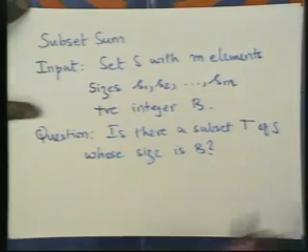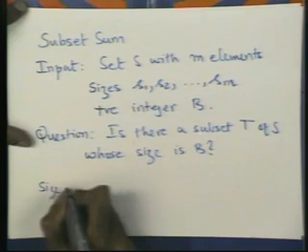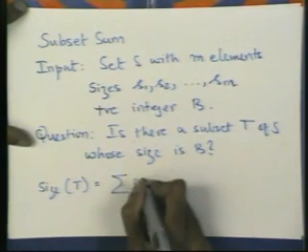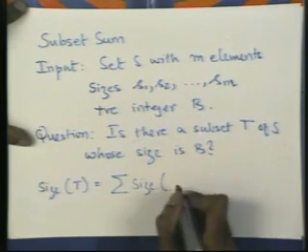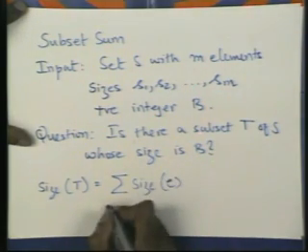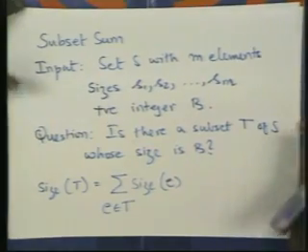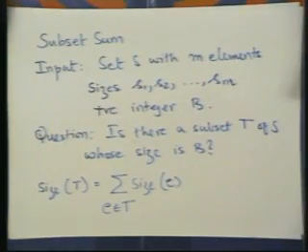Now, what's the size of a subset? The size of a subset is just the sum of the sizes of the elements in this subset. Let me define this. So size of T is nothing but the sum of the sizes of the elements E which are in T. Take all the elements in this subset T and sum up their sizes.